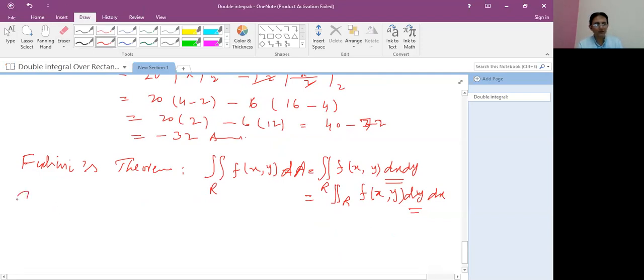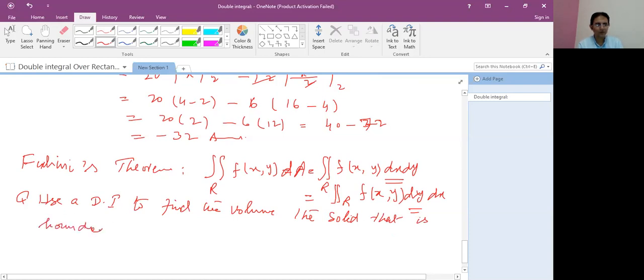So use a double integral to find the volume of the solid that is bounded above by the plane, where the equation of the plane is given as z equals 4 minus x minus y, and below by the rectangle.